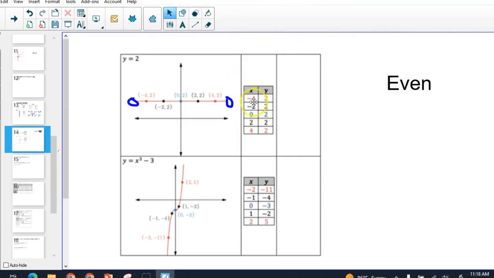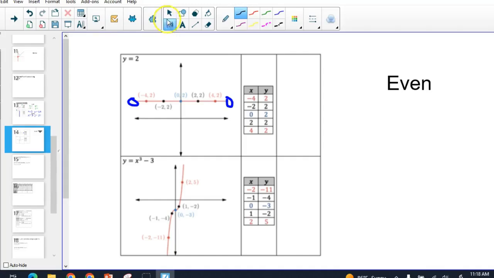So when I have an x value of -4 and y of 2, if our same pattern from before holds, our x of 4 should be a y of 2, which it is. Okay, works with -2 as well, so -2 is 2, and +2 is 2. So it looks like with our even functions, even though the x values are opposites, one positive and one negative, the y value is the same.